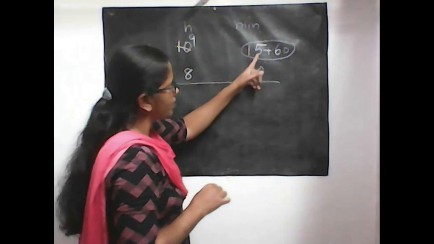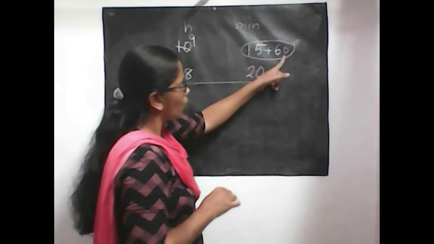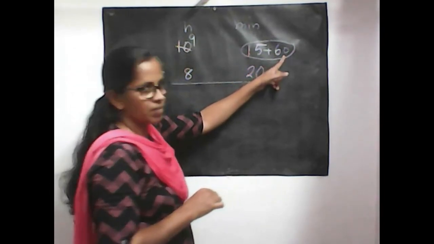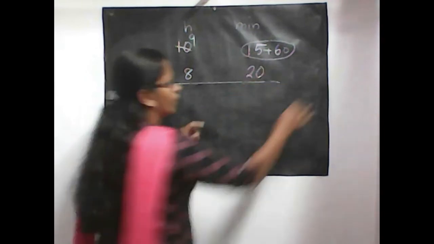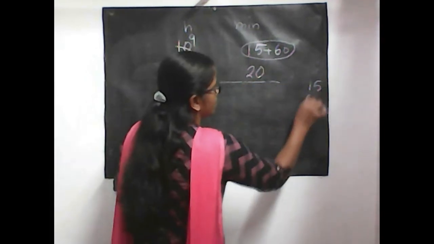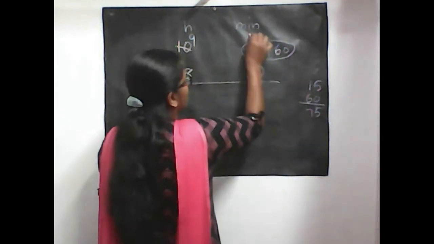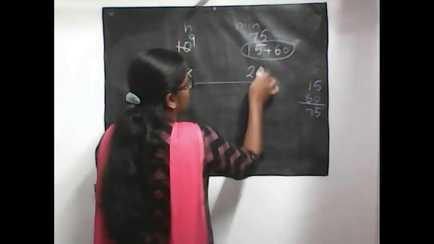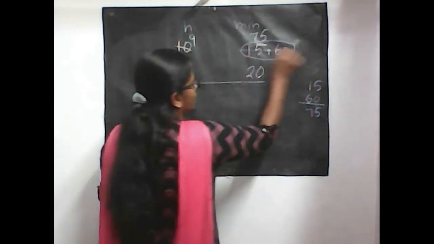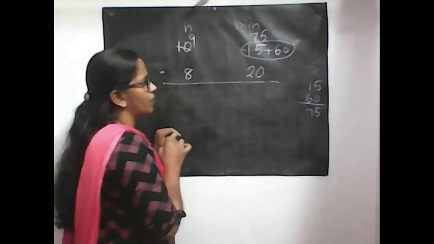Now we have already 15 with us. We borrowed from the hour column, that is 60 minutes. We now have 15 plus 60 minutes, that is 75 minutes. It should be written just above 20 to subtract. Otherwise, you can just give a small cut for that after writing that.